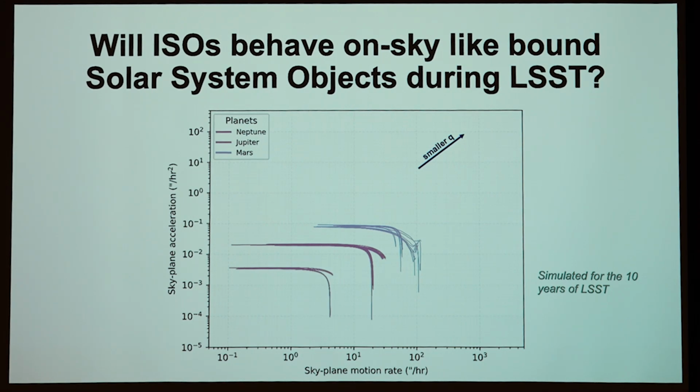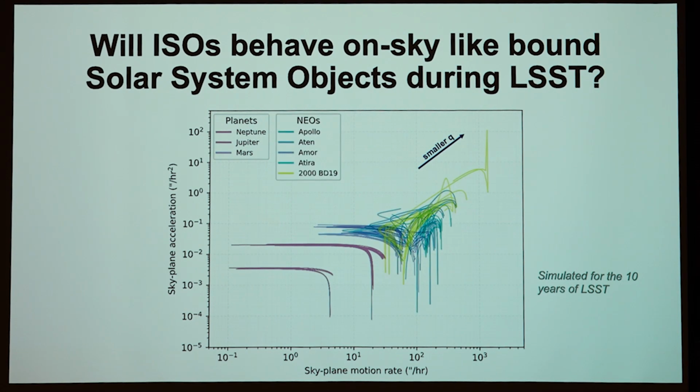These are not detectable, this is just what the motions are, whether or not you can see the object in the sky. Next we add in some NEOs, and some of those start to do some weird things on the sky, especially 2000 BD19, which gets very close to the sun.